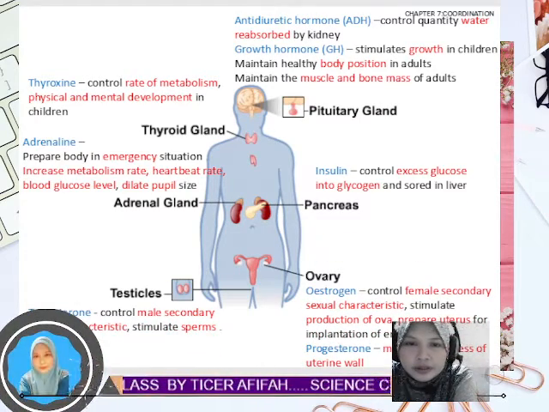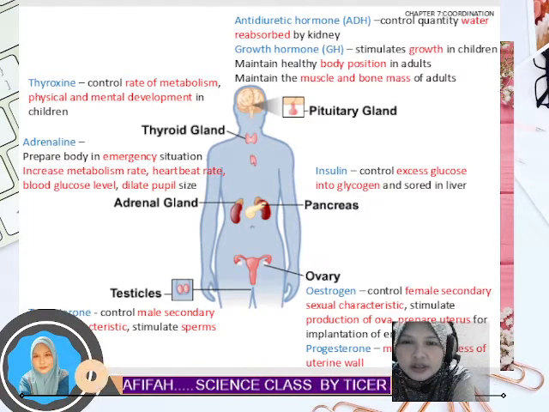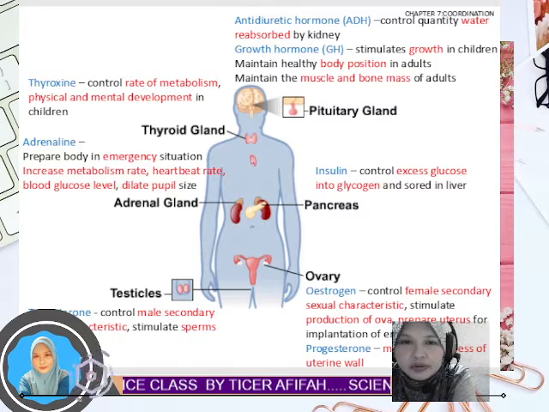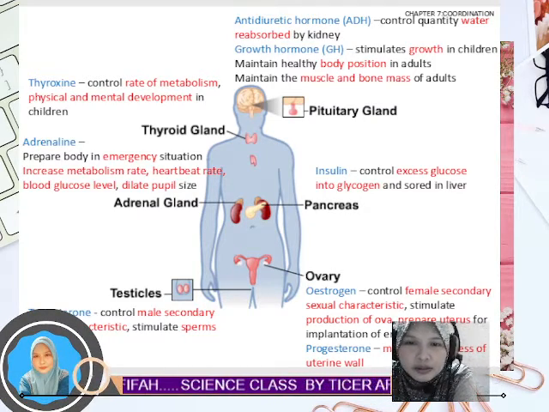Right, the pituitary gland produces ADH, antidiuretic hormone, that controls the quantity of water reabsorbed by the kidney, and growth hormone that stimulates growth in children, maintains a healthy body position in adults, and maintains the muscle and bone mass in adults also.